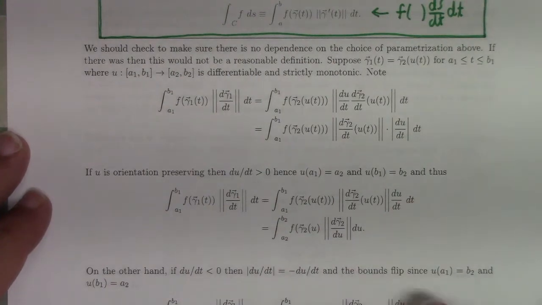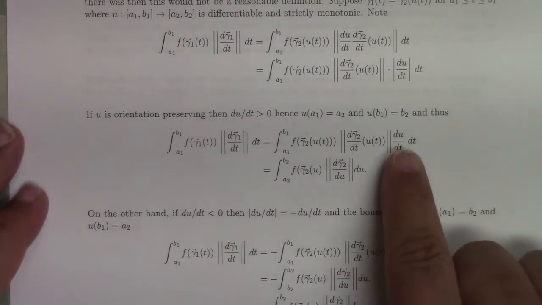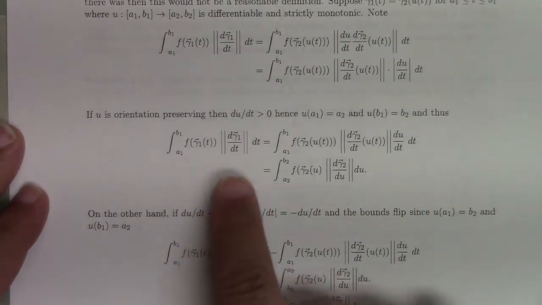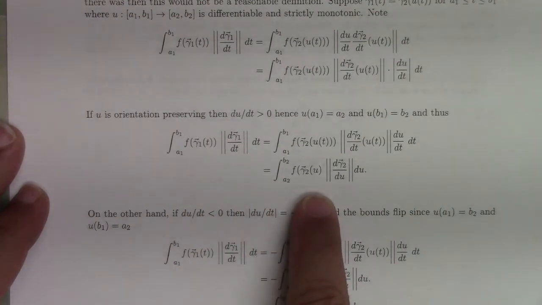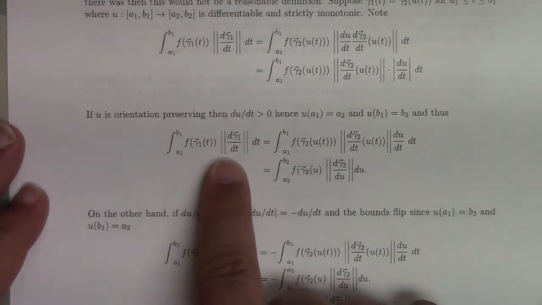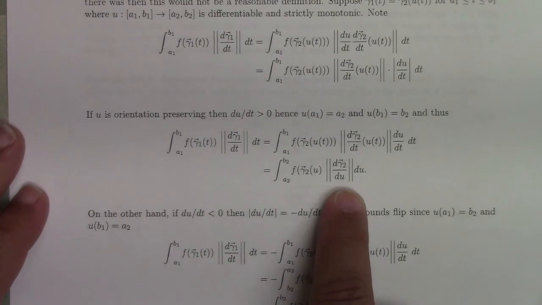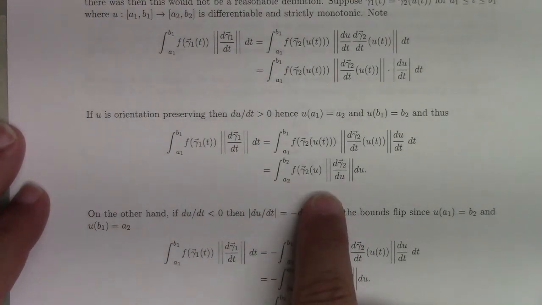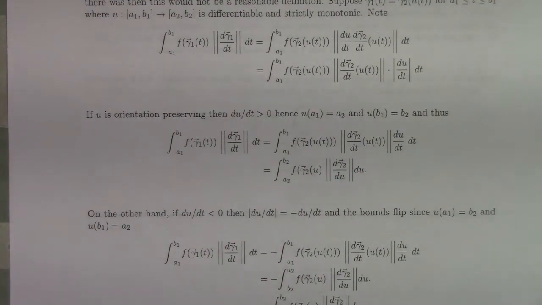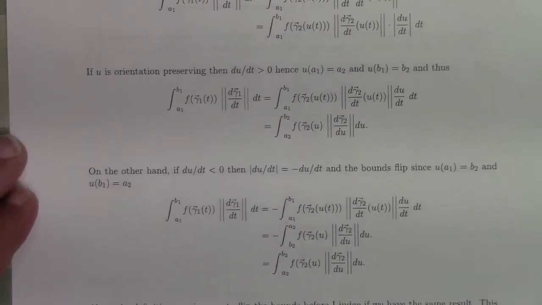And then the cool thing is that this is, by u substitution, the setup of the integral in the other path. So in other words, I've just shown that you could calculate with gamma 1 or you could calculate with gamma 2, in the case that gamma 1 and gamma 2 are orientation preserving, and we get the same answer. It doesn't matter what choice of parameterization you make.